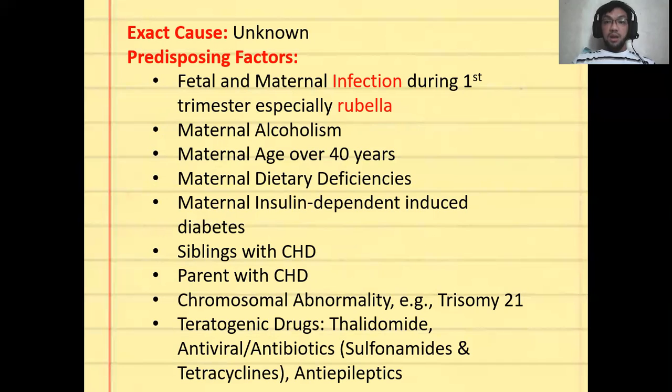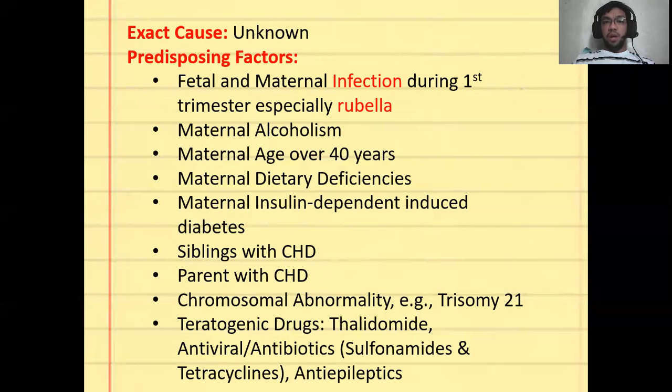So any viral infection that the mother can have, the fetus is going to be susceptible to, most especially during the first trimester, because the first trimester of pregnancy is the phase where the fetus is still undergoing organogenesis. When we say organogenesis, that is where the fetus is still developing their organs, the vital organs such as the brain and the heart and all the other internal organs of the body.